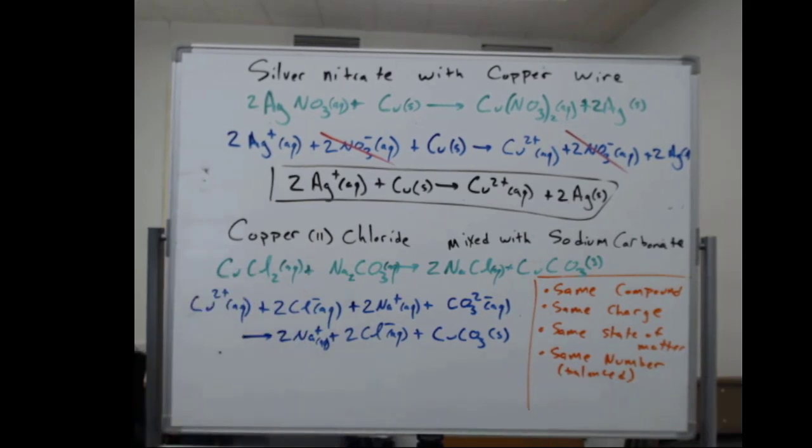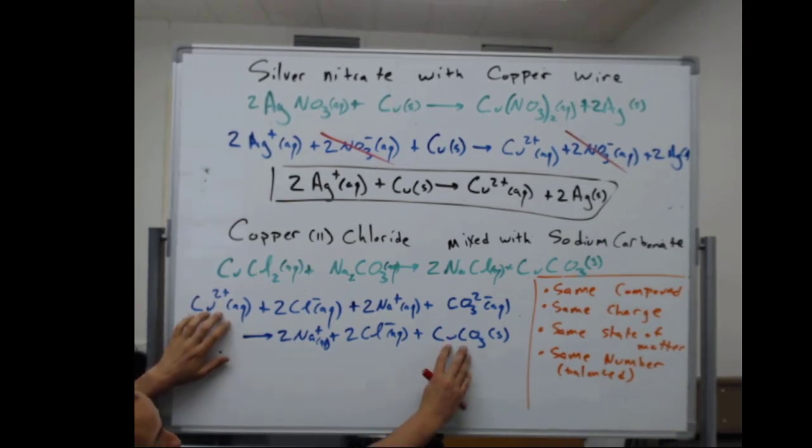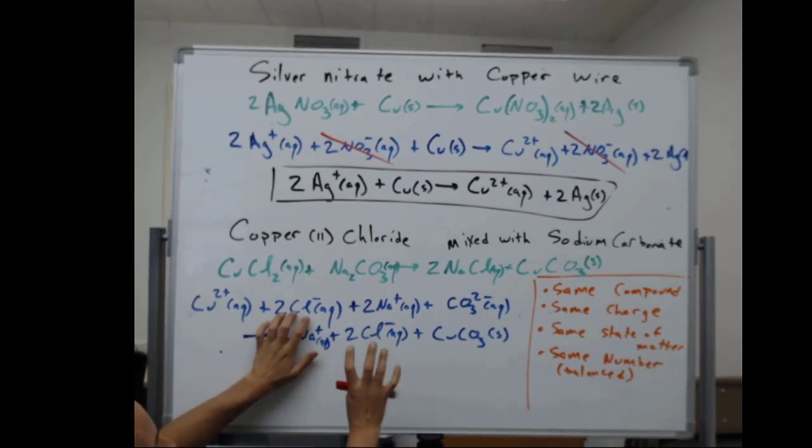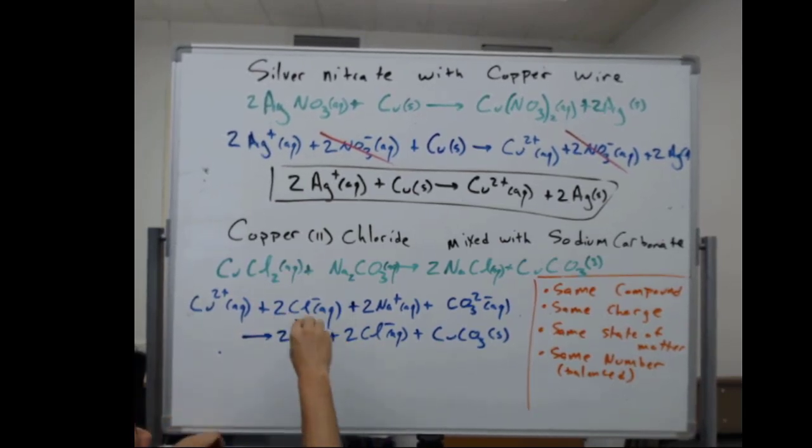Now we want to go ahead and cancel out anything that's spectator, that is to say, anything that is not changing between the products and the reactants. Copper +2 is getting taken up into the copper carbonate solid. That's changing states of matter. That's going to be something interesting. 2 Cl- aqueous goes to 2 Cl- aqueous. That's boring.